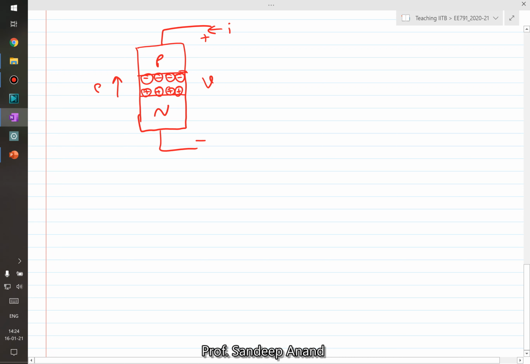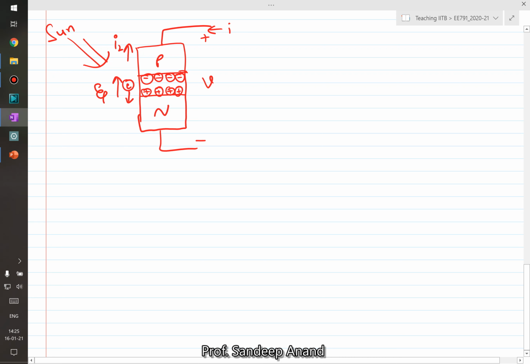So the internal field is in this direction. So if light falls on this and the photon is of energy higher than the band gap, it gets absorbed, it produces a free electron in the conduction band, the electron would move in this direction, and therefore it will force a current to flow in the other direction.